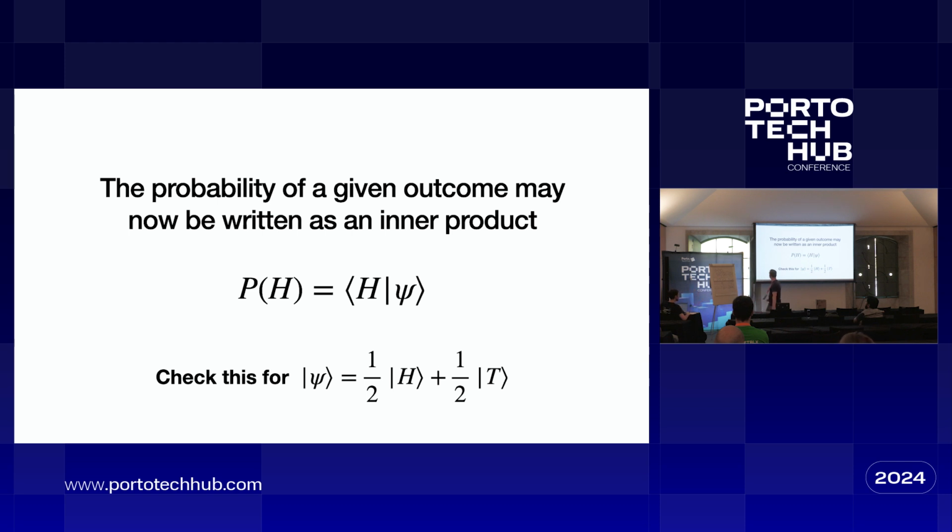All this equation here says is that it's the heads element of the probability vector that gives me the probability of heads, okay? It's not saying much, all right?